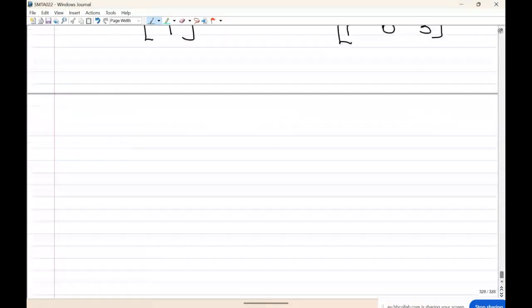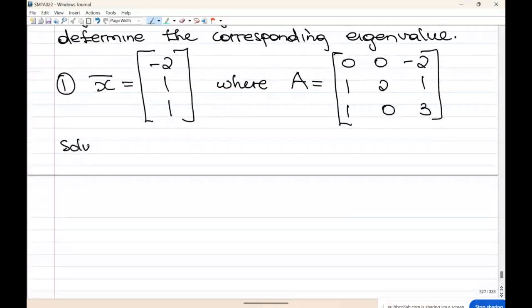If you want to check for this one, your answer is going to be very simple. You simply go straight to the definition of eigenvalue.